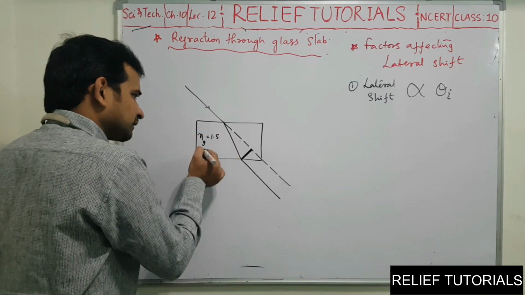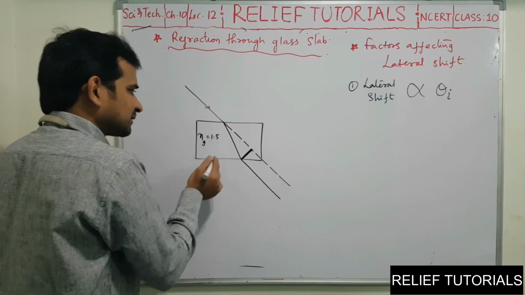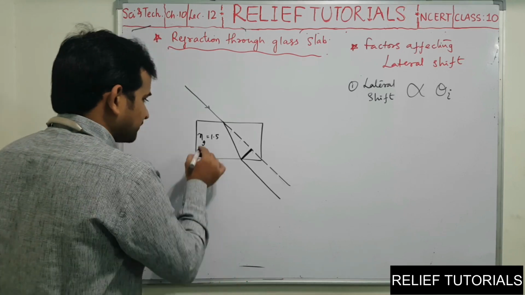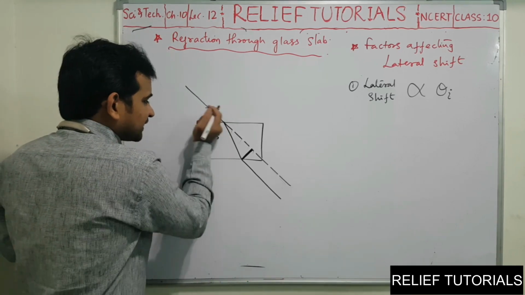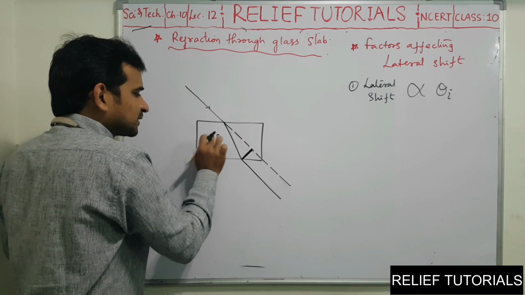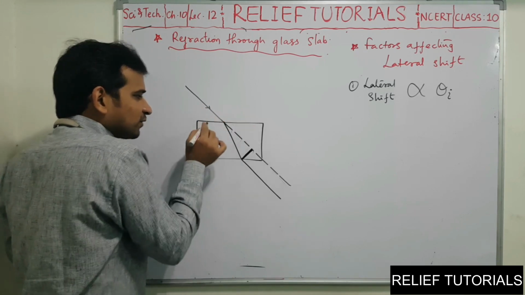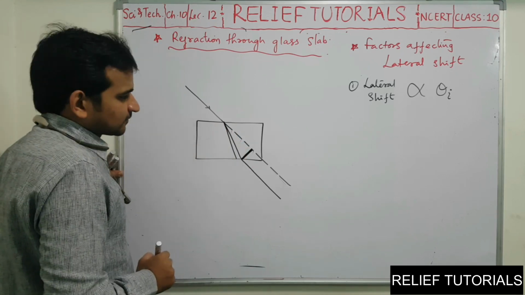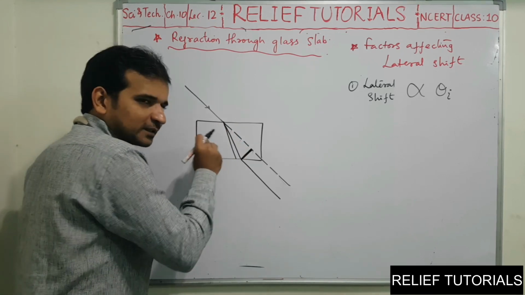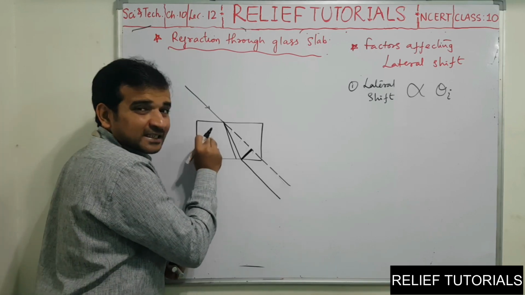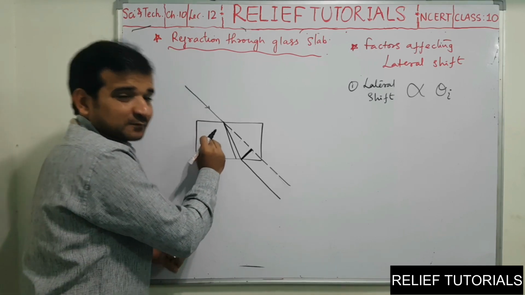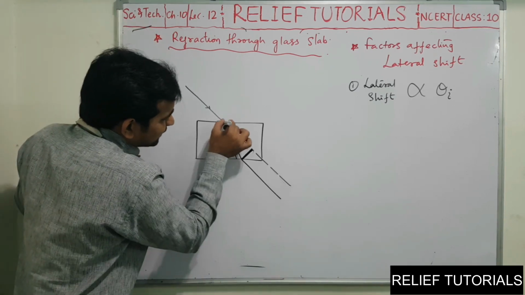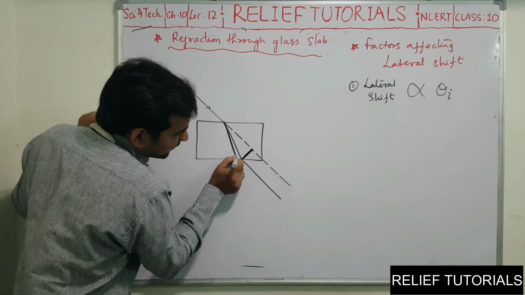Now, if the refractive index of this glass slab increases, if I place a glass slab of a denser medium, thicker glass, then obviously the refraction here will be slightly more. If the optical density of this glass slab increases, the refractive index increases, meaning its capacity to deviate the light ray increases. So this would be the refracted ray and this would be the emergent ray.